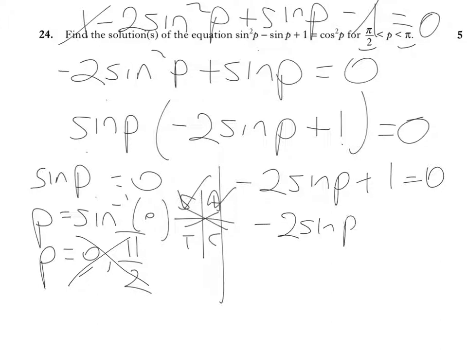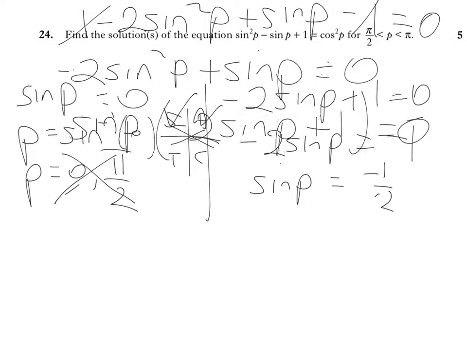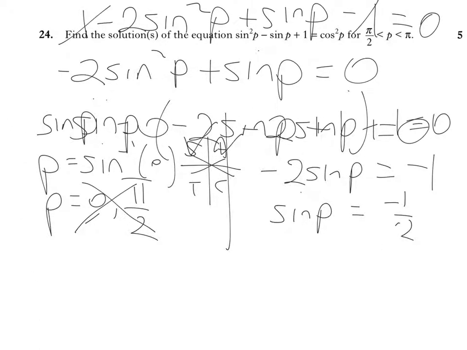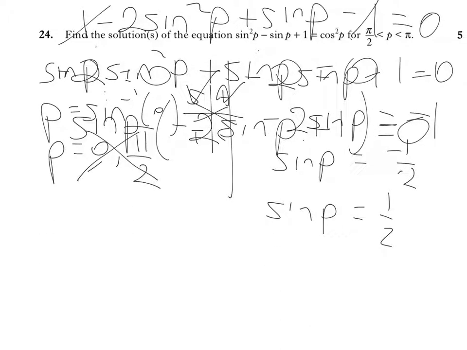So let's see if I can get any solutions from over here. So bring that over, and that'll be minus 2 sin p equals minus 1. I'm now going to divide through by minus 2, and that's sin p equals minus 1 over minus 2, and that will be sin p equals 1/2. Build my CAST diagram.